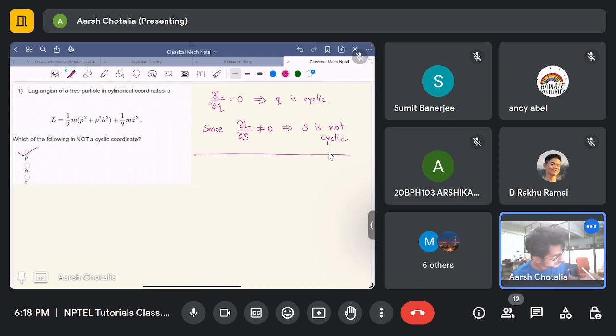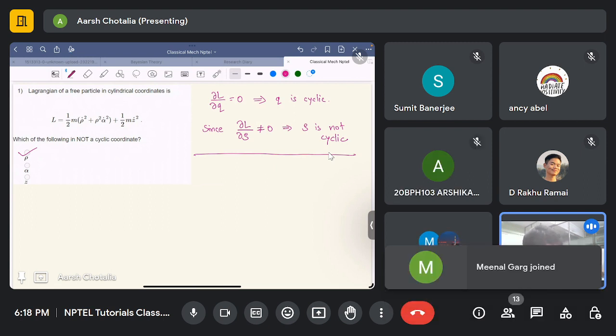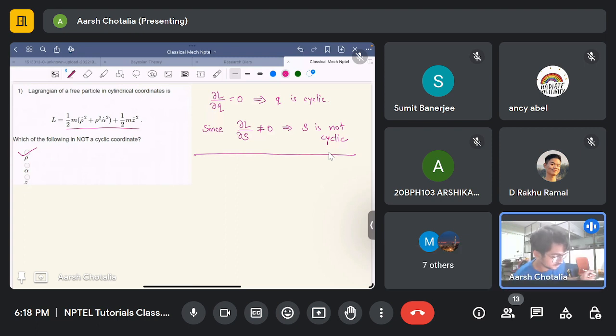Okay. So which coordinates are cyclic? The other two, right? Because you can see there are no alphas or z's in our expression of L. So alpha and z are cyclic, which means the corresponding p alpha is conserved. We got the answer, but we also want to find the corresponding conjugate momenta, because they would be conserved.